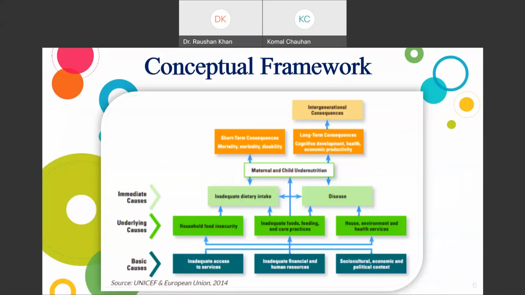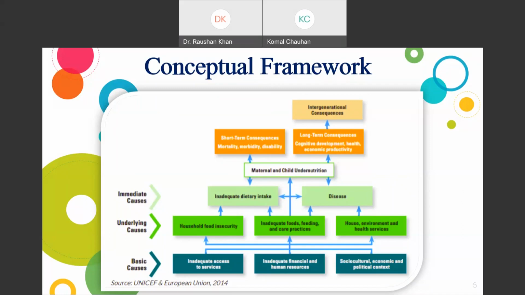For example, inadequate care includes practices such as inadequate breastfeeding or poor dietary intake during pregnancy or in general. Lack of public health services and access to clean water, as well as poor sanitation, can contribute to malnutrition by promoting an environment conducive to the contraction of disease.